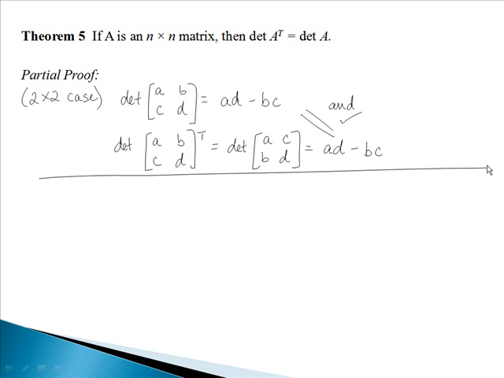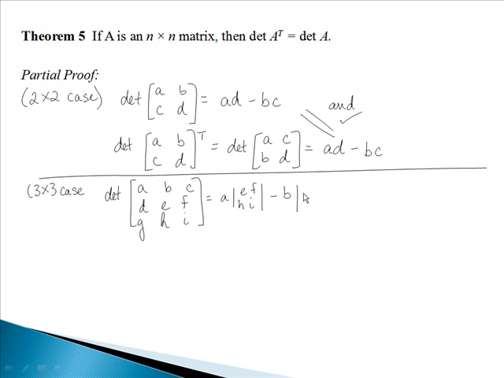And now let's look at the 3 by 3 case. I want to look at the determinant of a 3 by 3 matrix. And so we have A times the determinant of [E, F; H, I] minus B times the determinant of [D, F; G, I] plus C times the determinant of [D, E; G, H].